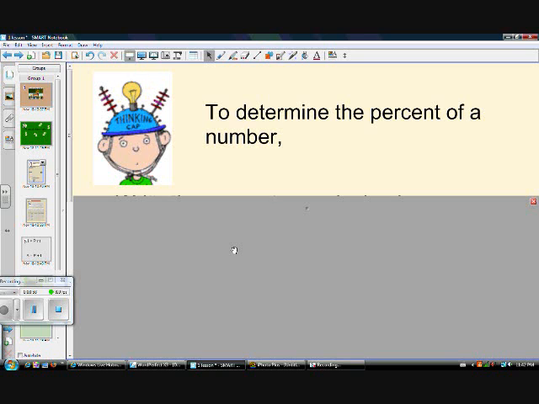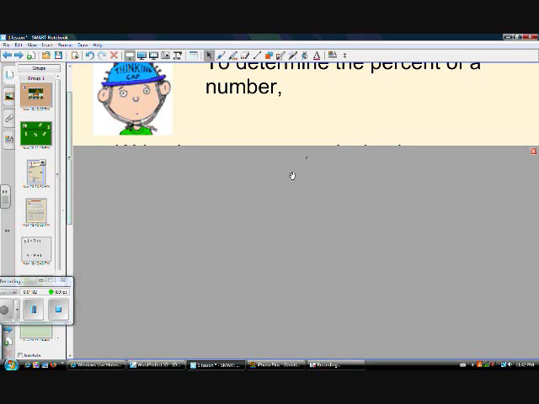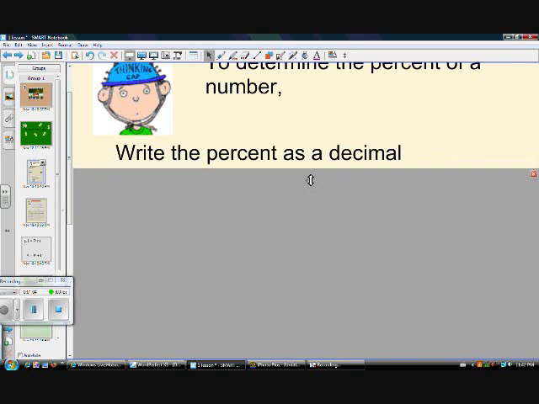Now to determine the percent of any number, what we have to do is take the percent and write it as a decimal. Remember how we do that from our last unit, we would take the number and divide it by 100, and that would turn it into a decimal for us.